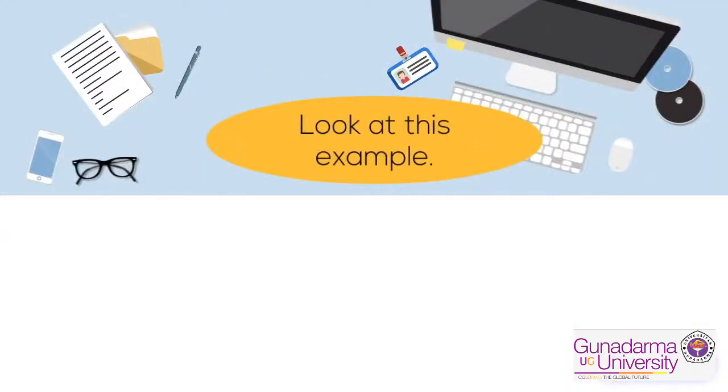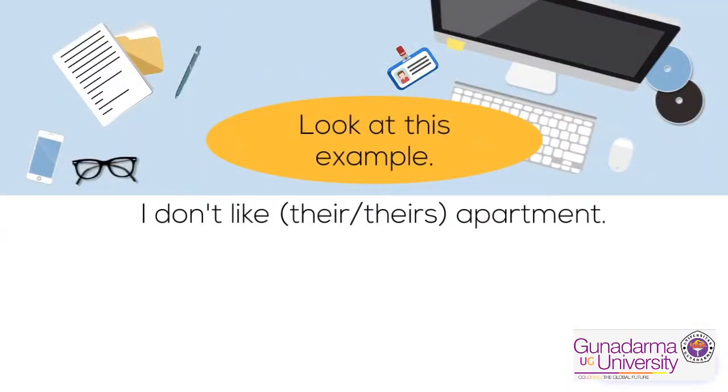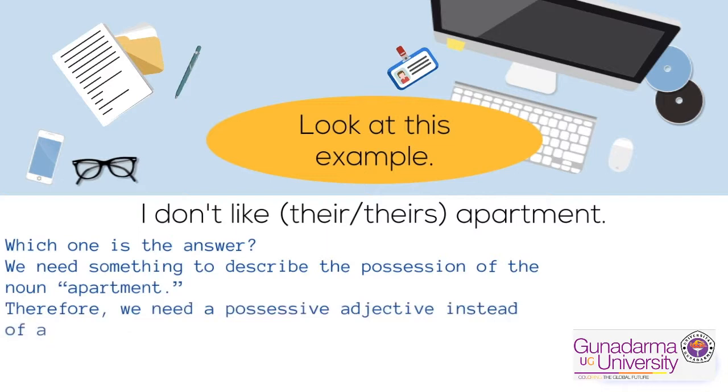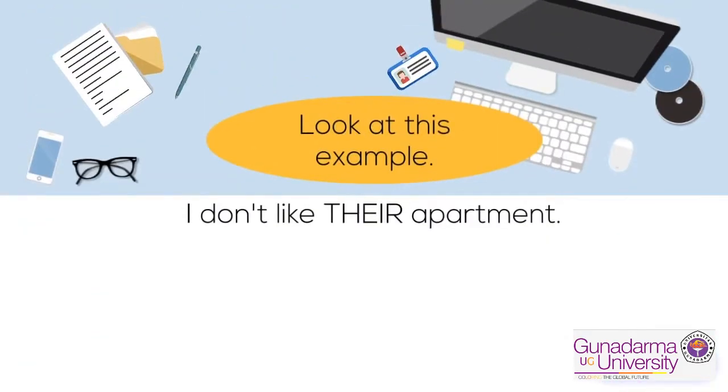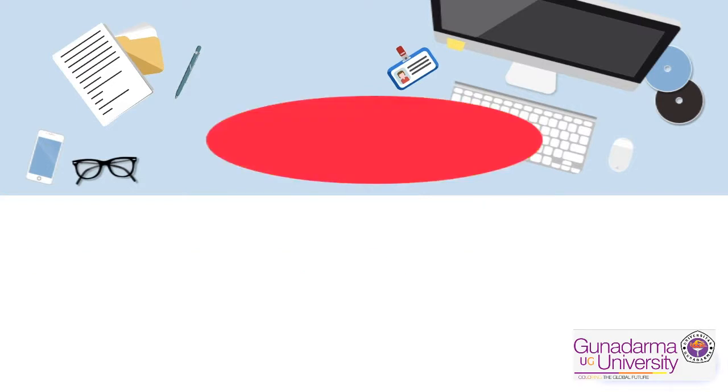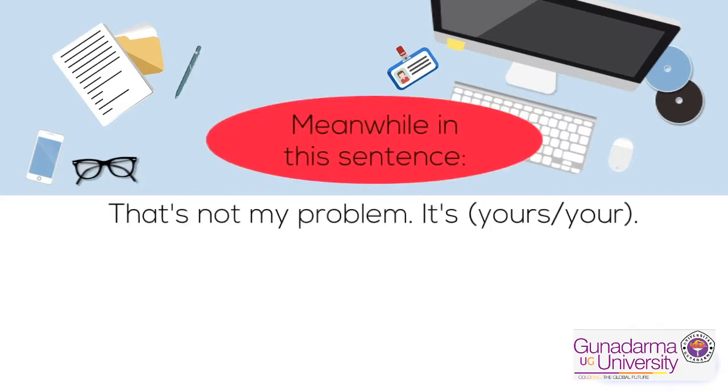Look at this example. I don't like their or theirs apartment. Which one is the answer? We need something to describe the possession of the noun apartment. Therefore, we need a possessive adjective instead of a pronoun. The answer is their. I don't like their apartment, because their belongs to the possessive adjectives. Meanwhile, in this sentence, that's not my problem.